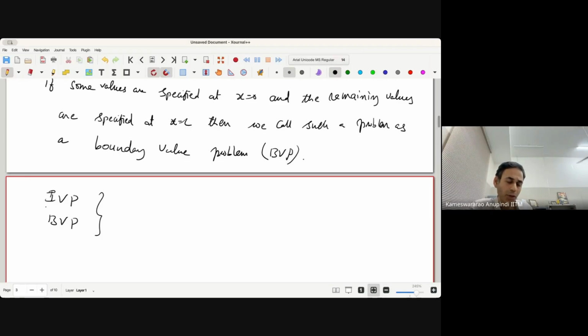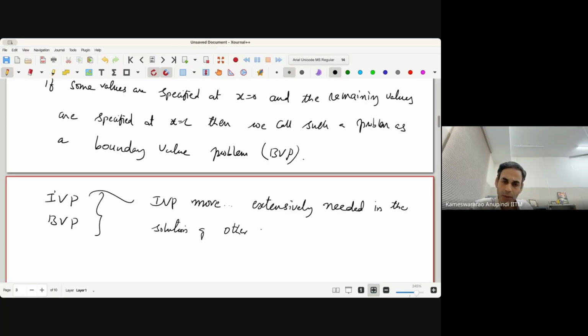And further, we will also focus on methods for the initial value problems more, because these are extensively needed in the solution of other types of problems as well, other types of ODEs as well.